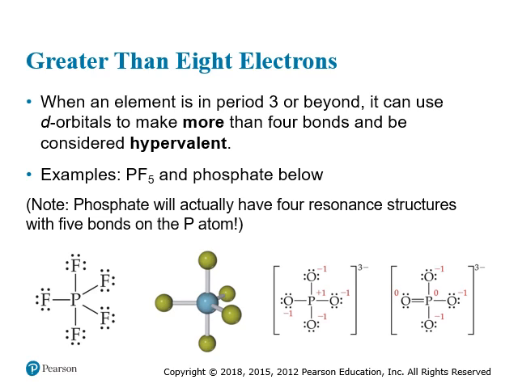Now, while it looks to be an extreme violation of the octet rule, our first inclination might be to throw it out as a valid Lewis structure. But if you evaluate the formal charge distribution on all of the atoms present, even the phosphorus has a formal charge of 0.